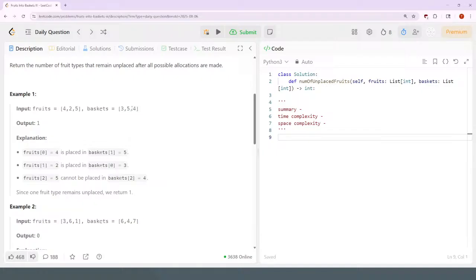4 goes into the 5, 2 goes into the 3. So you assign 4 into the first thing bigger than or equal to the 4.